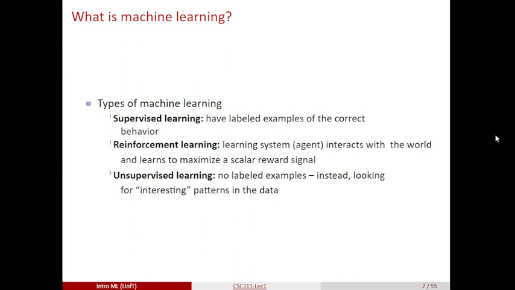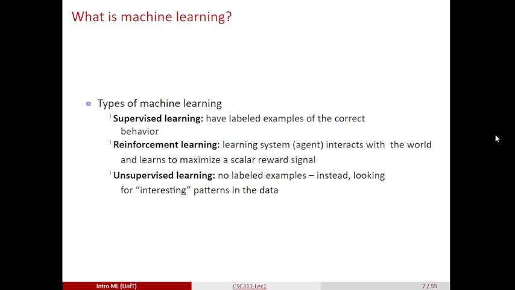Reinforcement learning is the learning system or agent that interacts with the world and learns to maximize a scalar reward signal. That, I believe, is a little bit more typical to AI, but you could also think of it applying to kids learning how to actually be in society as they grow up.